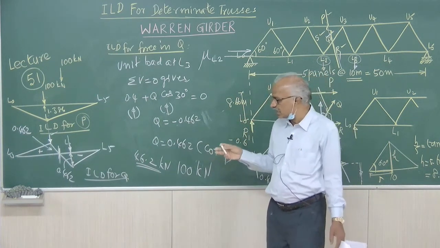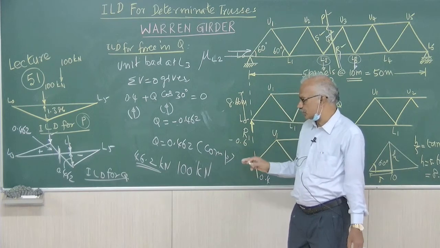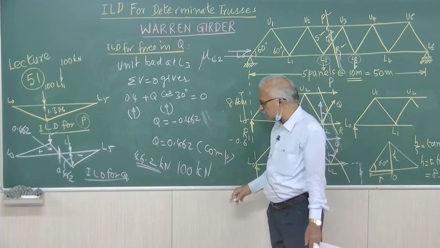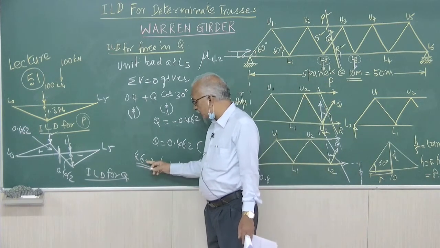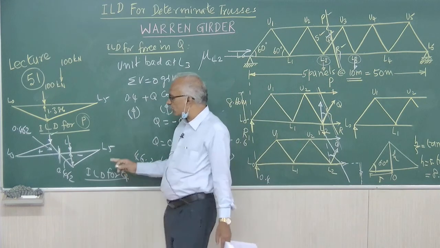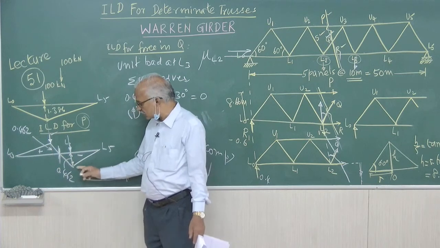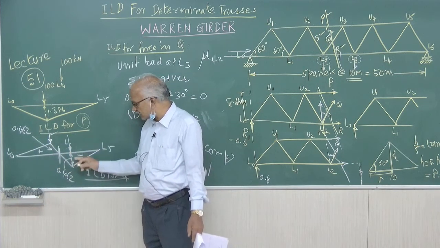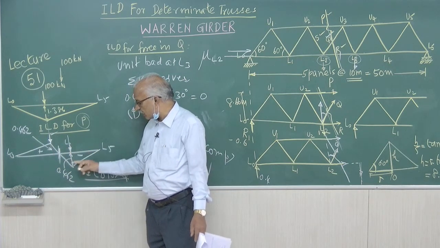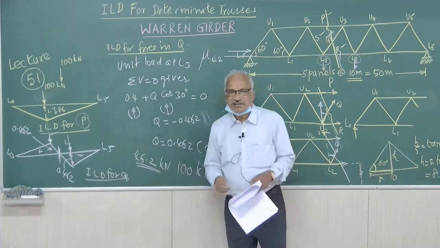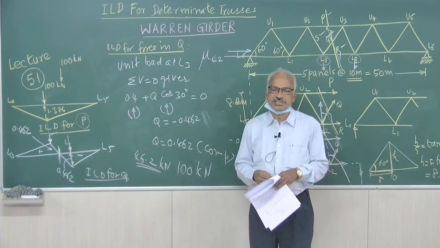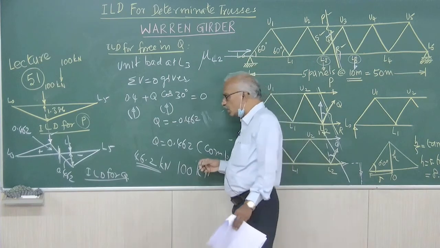So here it is 100, so 100 into 0.462. So the maximum tensile force is 46.2 when the load is at L2. The maximum compressive force is, so that is tensile, this is compressive, 100 into 0.462. So that is the maximum force in the inclined member Q.